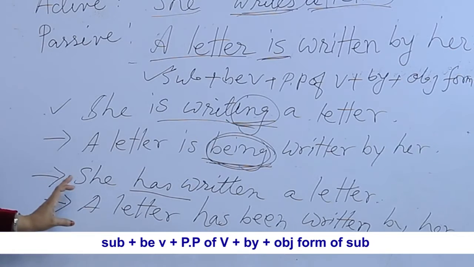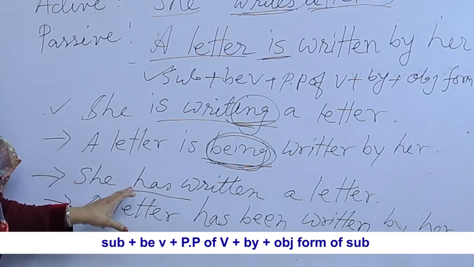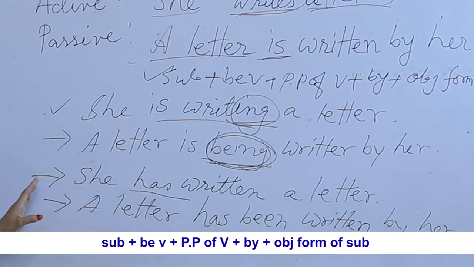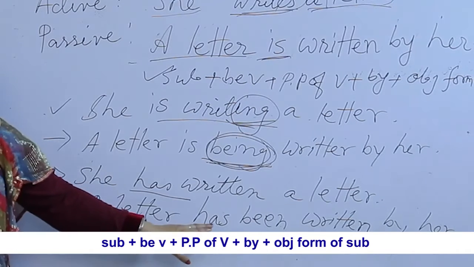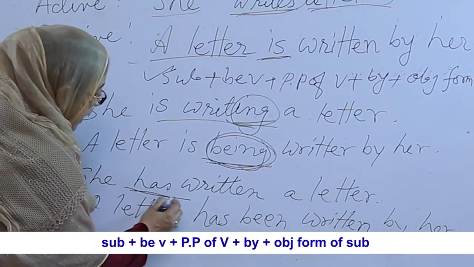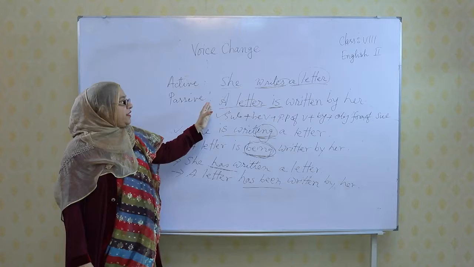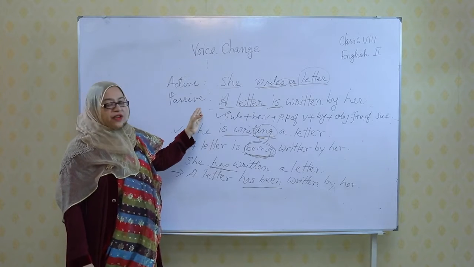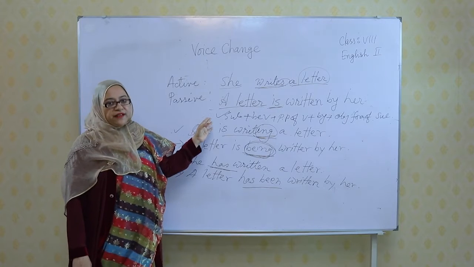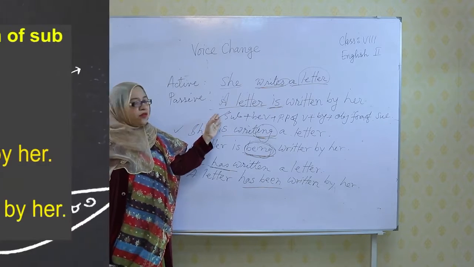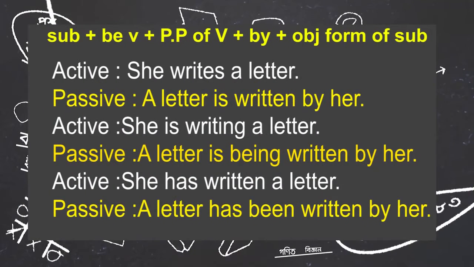And for the perfect form, when I turn it into passive, I use a letter has been written by her. By this rule you can change the past form of the sentences. So I will show you the past form of the sentence.